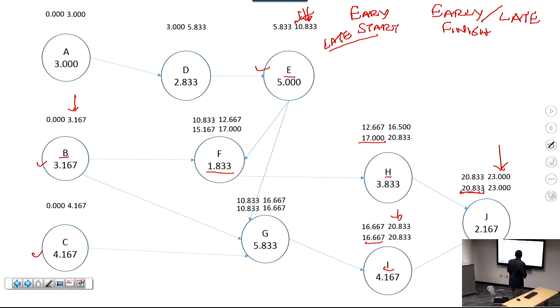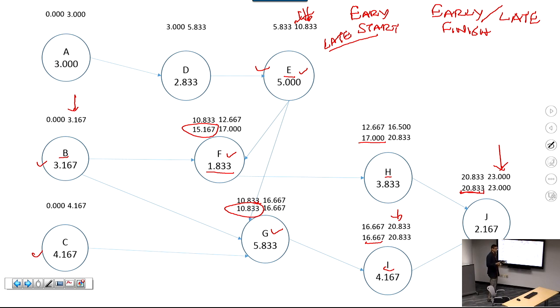Now looking at E. Okay, so two activities depend on E. F depends on E, G depends on E, right? F must start no later than that, and G must start no later than this. Okay?